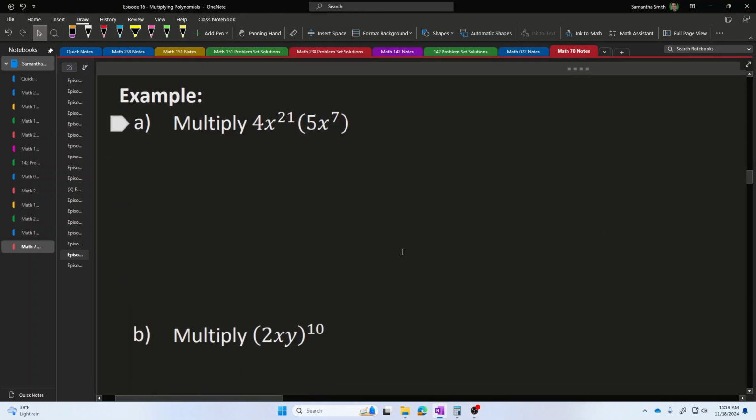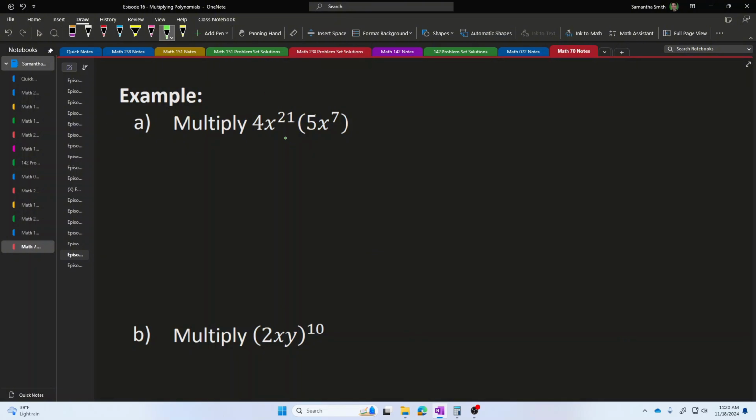These exponent properties are really handy, especially if you're dealing with exponents that are relatively large, which would make it difficult or time-consuming to write down all the copies of x or y by hand. For example, if somebody said 4 times x to the power 21 times 5x to the power 7, I would very much not want to write down 21 copies of x by hand or 7 copies of x by hand.